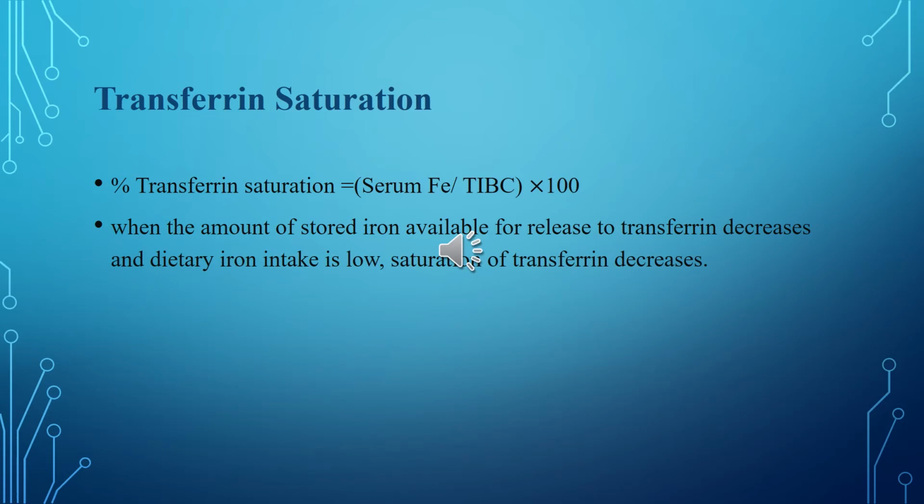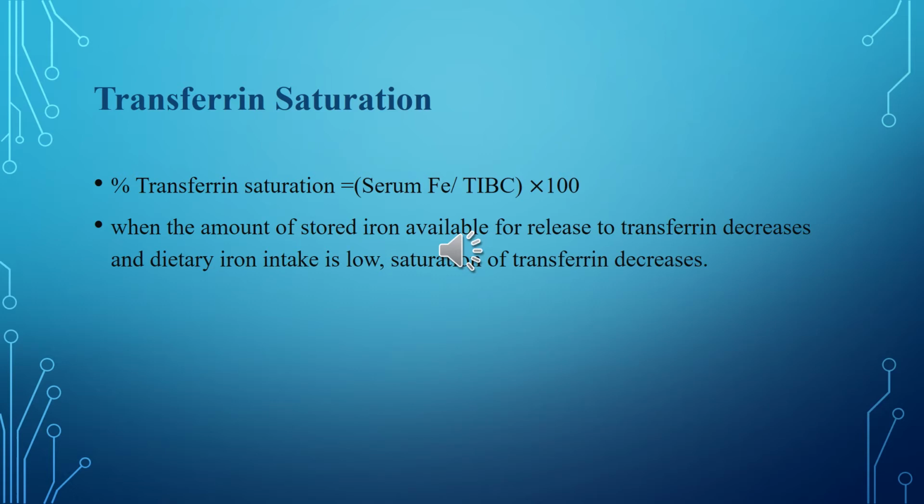When the amount of stored iron decreases, dietary intake of iron is low and saturation of transferrin is low. So when the amount of stored iron available for release to transferrin decreases, transferrin saturation is decreased and iron intake is also decreased.